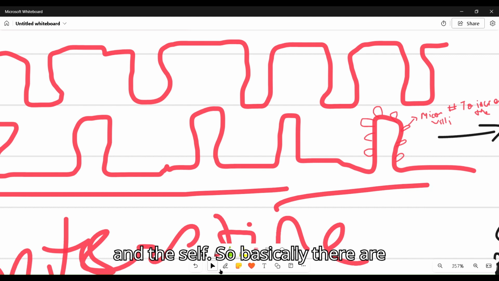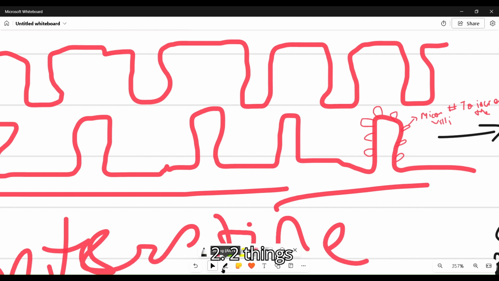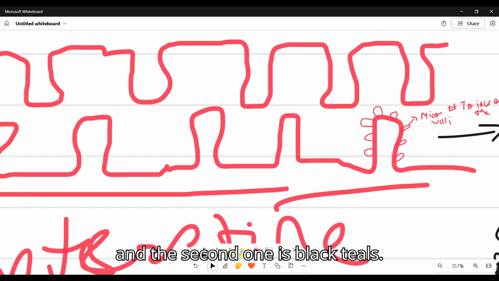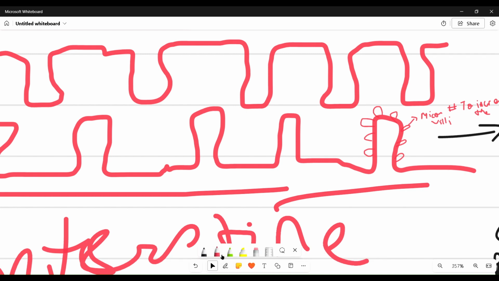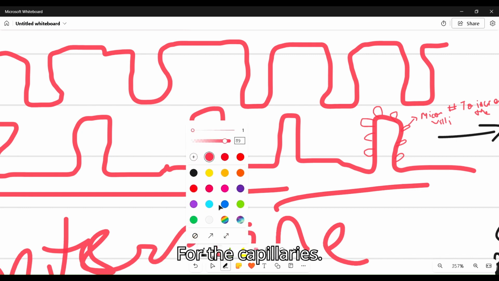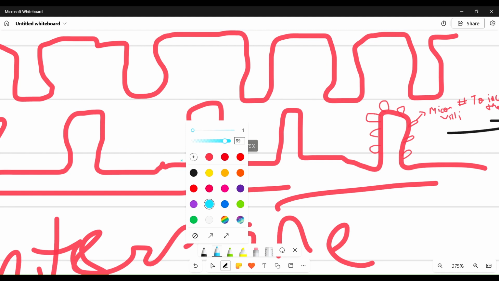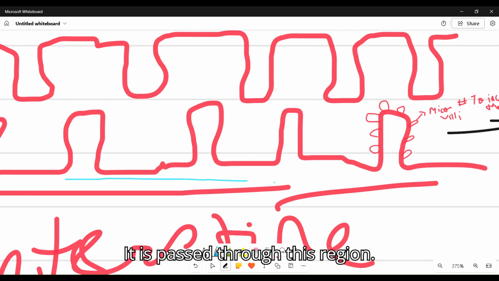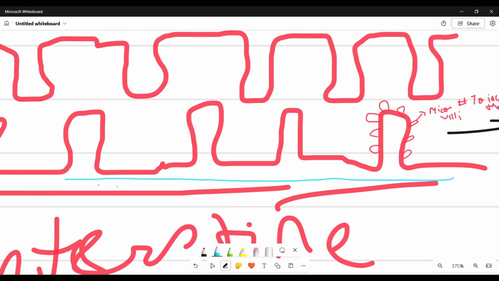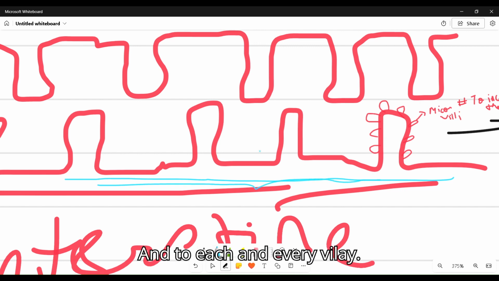So basically, there are two carriers. One is capillaries and the second one is lacteals. So let's take blue color for the capillaries. It is passed through this region and to each and every villi.